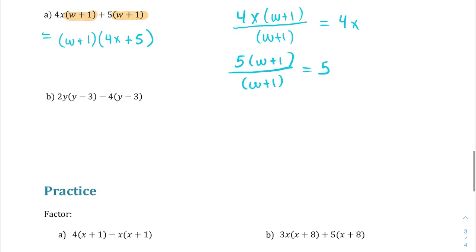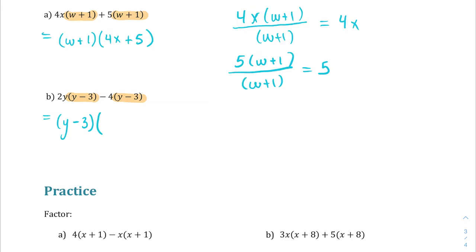Okay, so let's try another example, see if we can build a pattern. Now right away we notice that we have the brackets that's in common between the two terms. So we're literally going to factor out the bracket term, y minus 3.